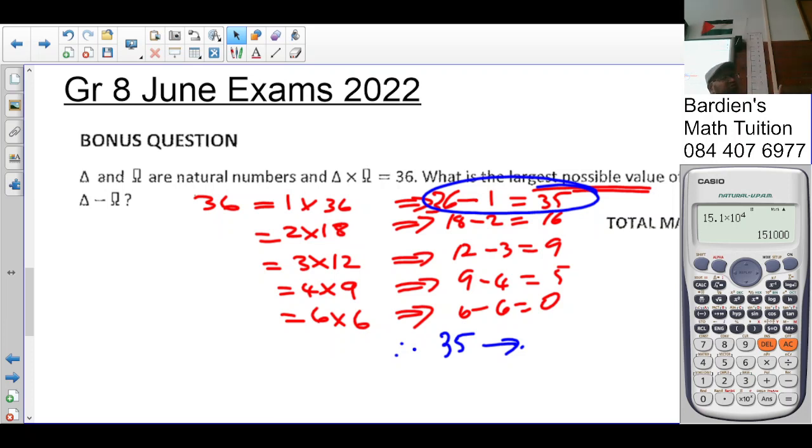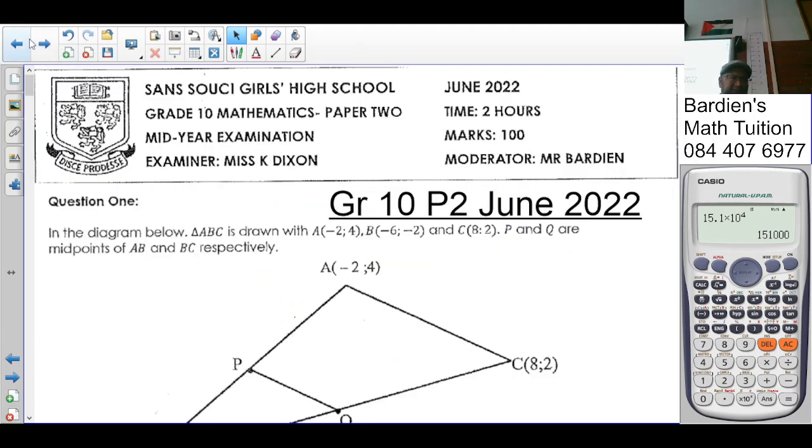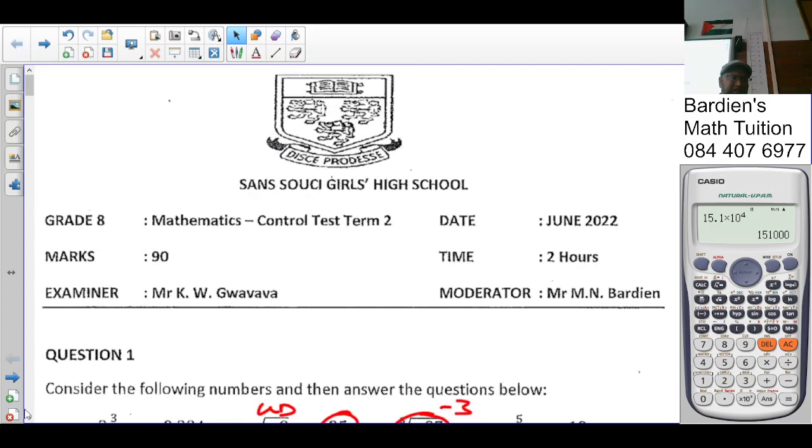So we penalize you 1 mark for 1 mistake and we mark your error, your CA, consistent accuracy. Even though you made no mistake after that, you get the mark. The 2 marks is only on your answer. There weren't part marks on this question. I know you're fishing for that 1 mark, no?